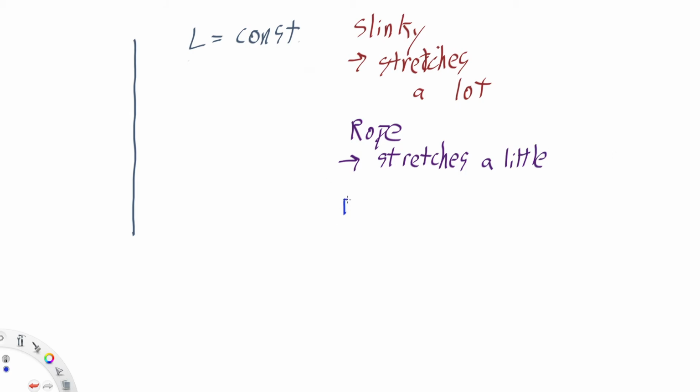What if instead of a rope we had a steel beam? It's the steel rod. What happens if you anchor one end of a steel rod and then you pull on the other end? Does it stretch?